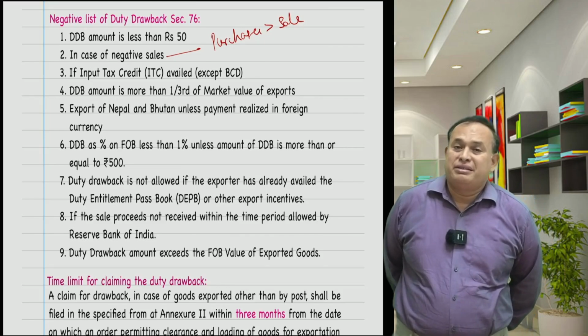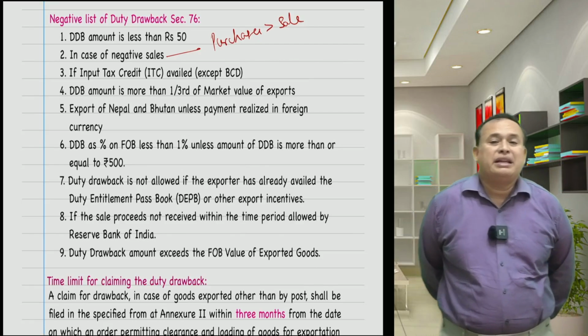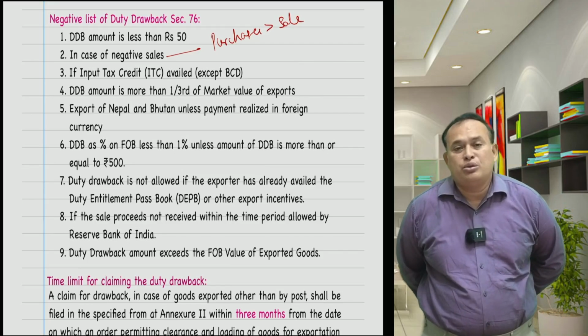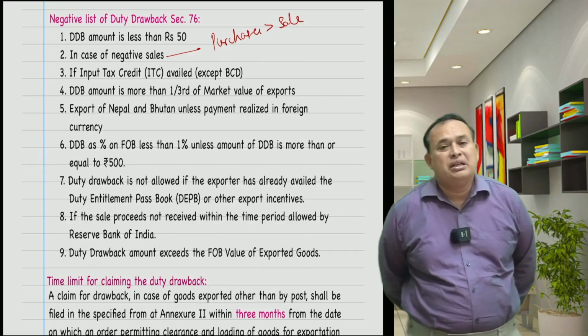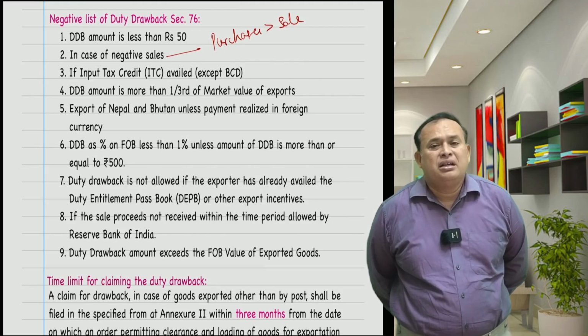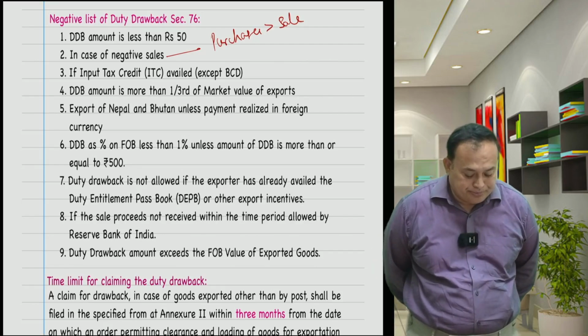It should be realized in foreign currency, a valuable currency like US dollars or UK pounds. If the sale proceeds are realized in such currency, duty drawback is allowed even if you export to Nepal or Bhutan. If you export to Nepal or Bhutan and the currency is realized in their respective country's currency, duty drawback is not allowed.